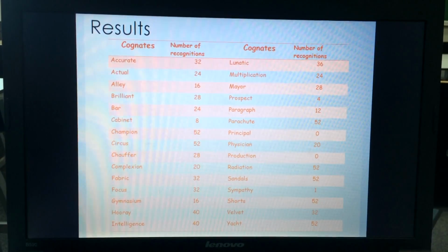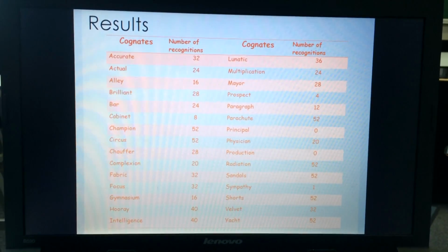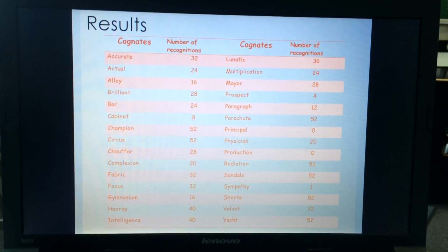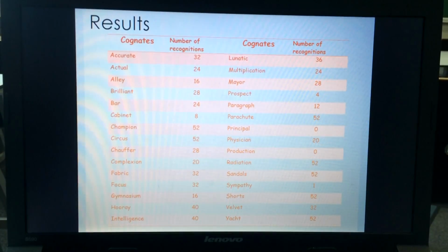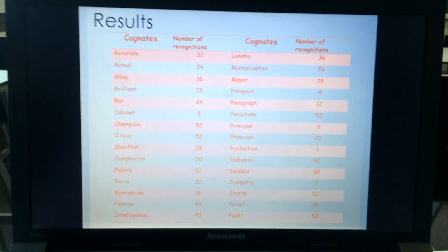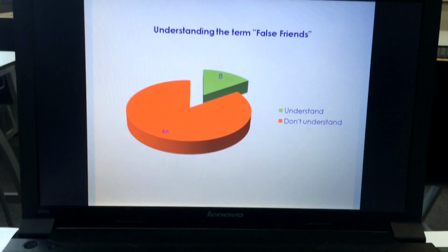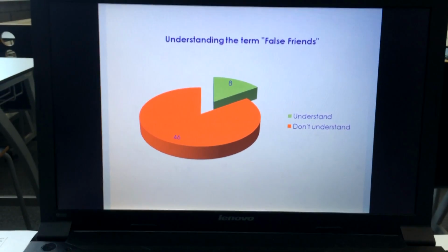Only one participant could recognize the false friend sympathy. And the most problematic false friends are prospect, cabinet, paragraph, gymnasium, and alley. Almost all participants didn't know the term false friend.